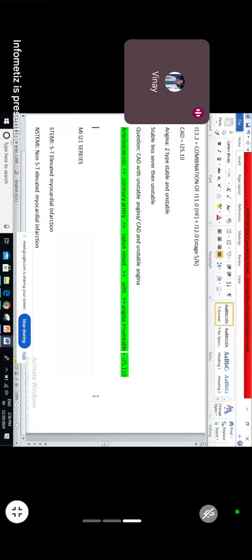So either it will be bypass graft or native. But in your question, it is not documented clearly. If bypass is not documented, it is native. For bypass, they should document bypass. For native, no need. It will be native. So atherosclerosis, coronary artery, native vessels with angina, unstable. This documentation I have already shared with you. Check this one.